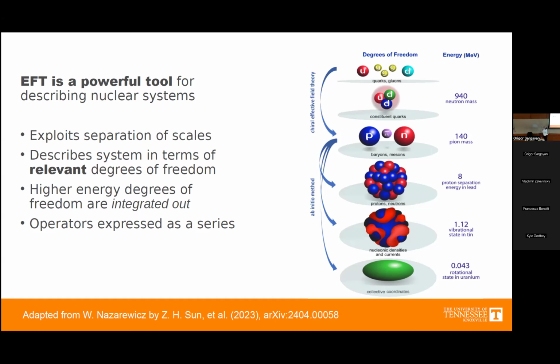whether we're talking about the top here of something like chiral effective field theory, connecting quantum chromodynamics to the physics of hadrons and mesons, physics of nucleons, to effective theories such as this one that connect us from the physics of nucleons to more collective degrees of freedom.